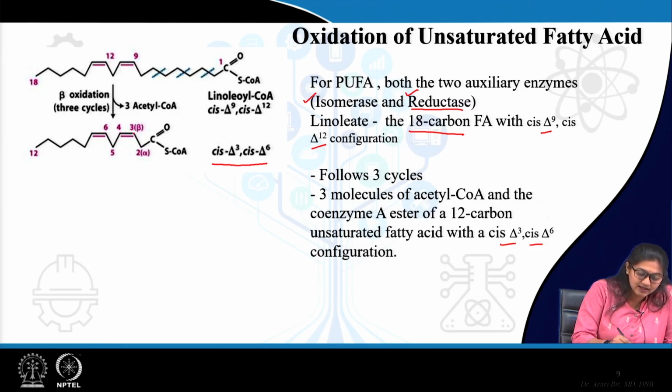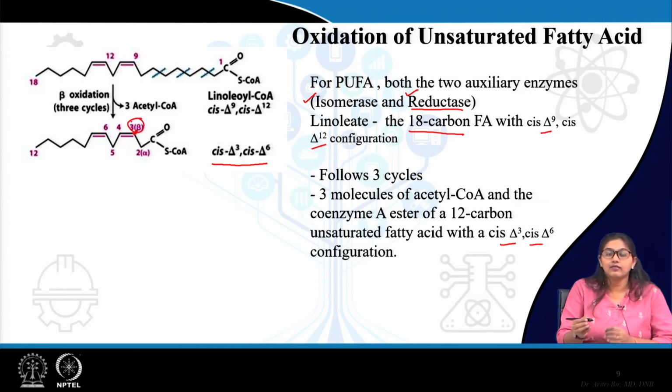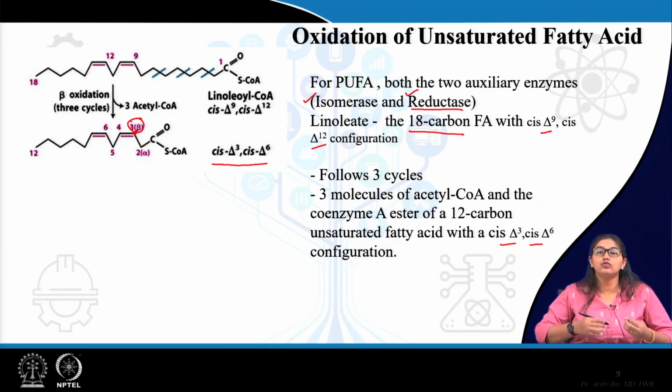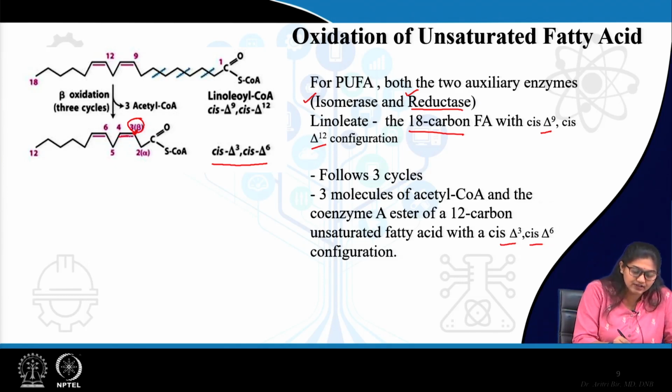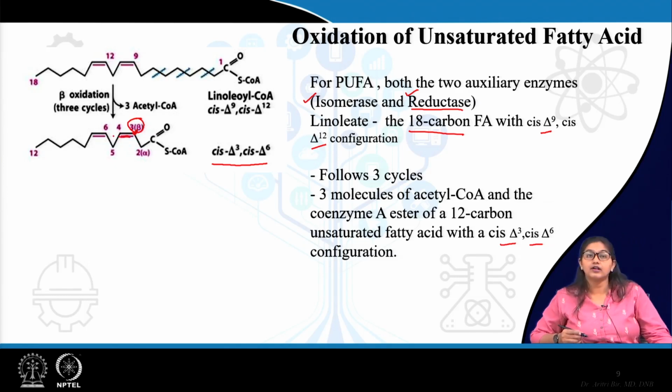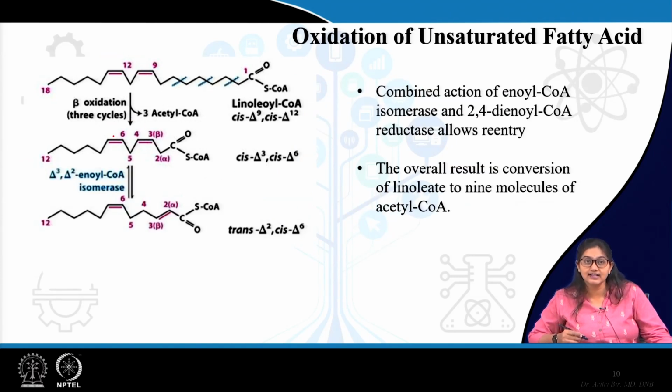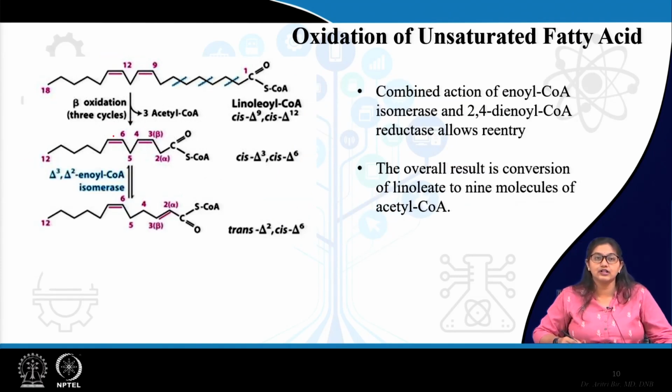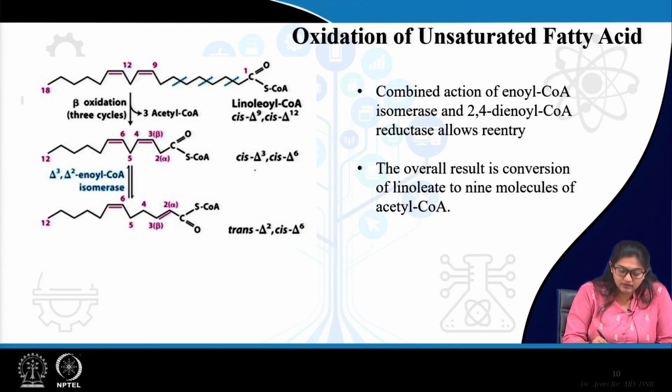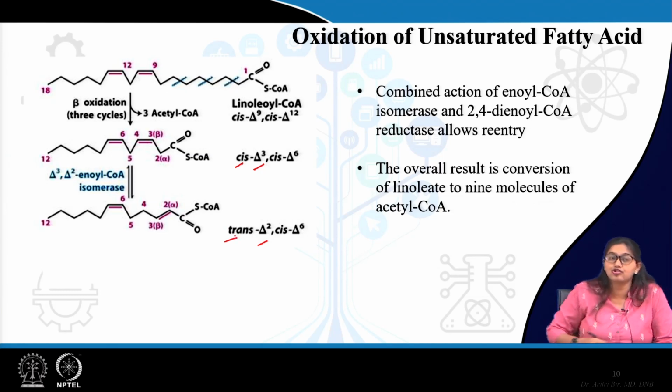Moreover, you can see the beta carbon is not free, in the beta carbon position the double bond is present. So, what do we need to do? We need to convert the cis to trans as well as shift this double bond. So, there are 2 enzymes, the first one is reductase. You can see reductase is actually shifting the double bond, so from delta 3 the double bond is shifted to delta 2 as well as converted from cis to trans.